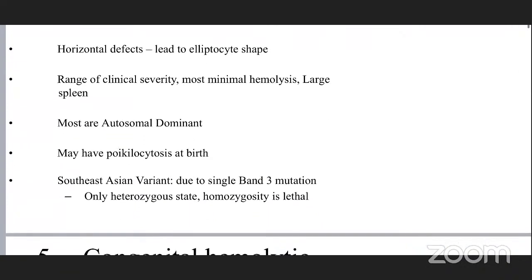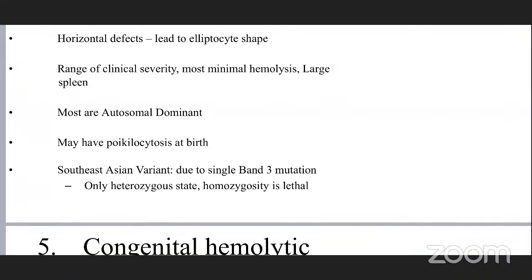Most are autosomal dominant and may have poikilocytosis at birth. Sometimes we see just a huge spleen and signs of hemolysis, and in the lab we will see poikilocytosis initially, and also we can see it on the CBC postpartum.